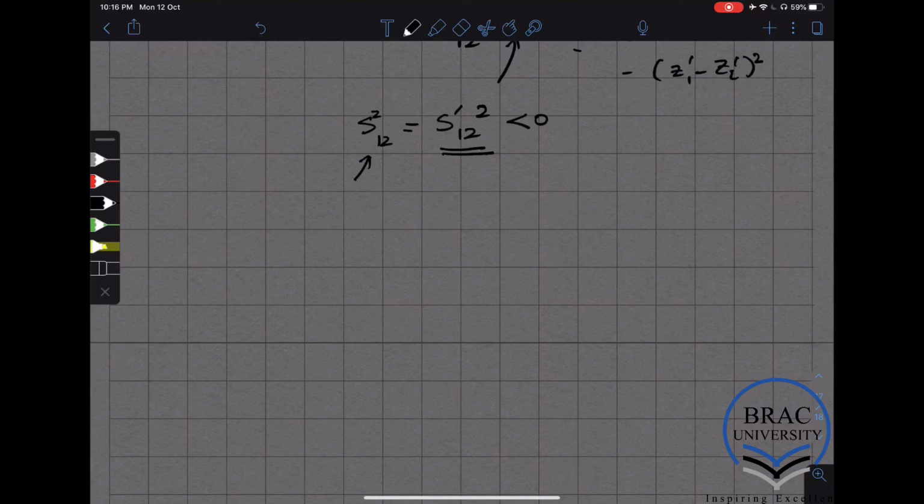So, okay, let me just review what we have said. We start with two events, and in some reference frame S, they have some coordinates, the time coordinates T1, T2, and the vectors X1, X2.